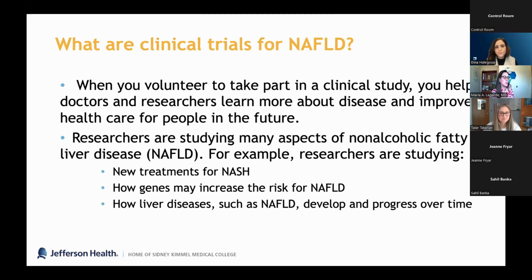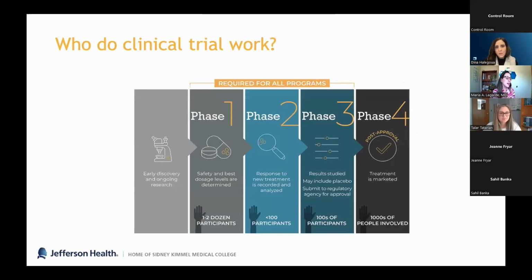And so researchers right now are studying many aspects of fatty liver disease. For example, new treatments, but also genes that lead to fatty liver, how it progresses over time, and how it affects other conditions. So there are multiple areas where research is underway. So how do the clinical trials work?